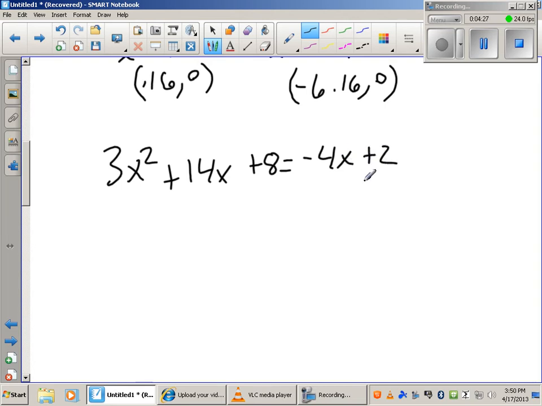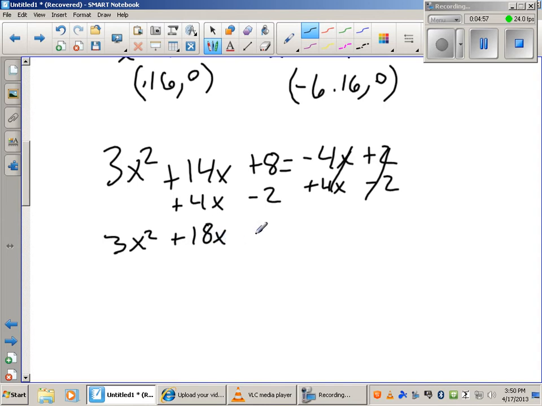So we subtract the 2, and we're going to add this 4x. That cancels those out, cancels that one out. And we want to take our negative 2, combining the like terms, adding 4x here. So we're going to rewrite our equation. 3x squared plus 18x plus 6 equals 0.